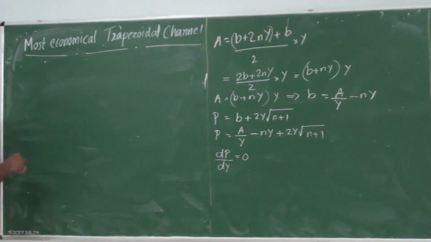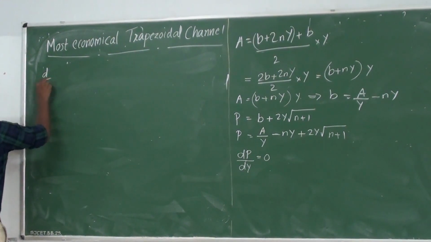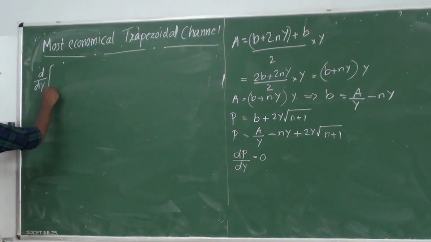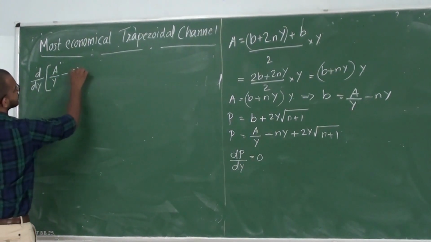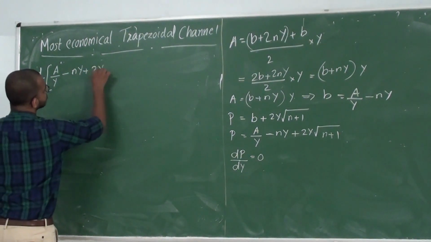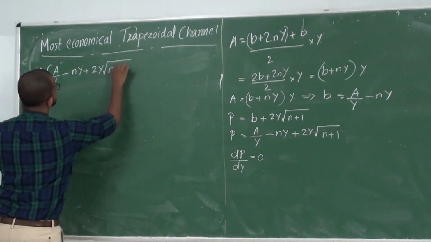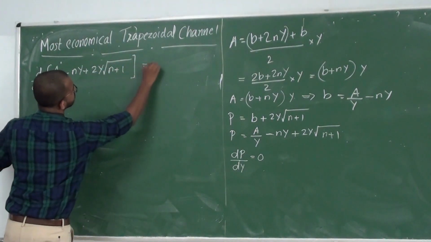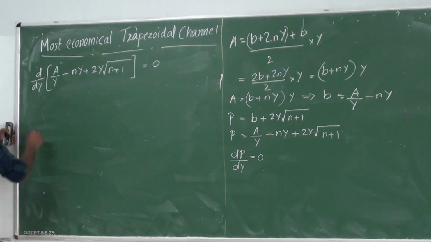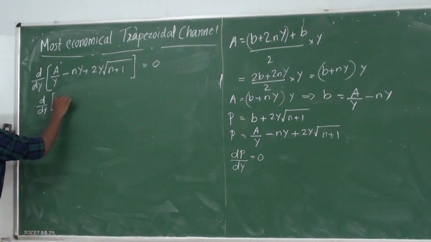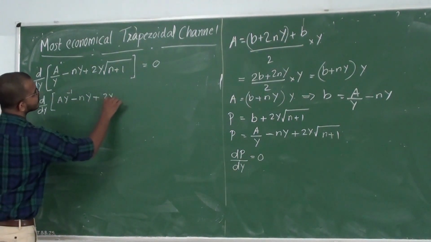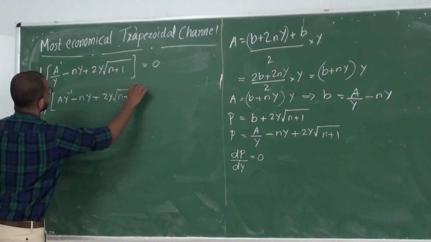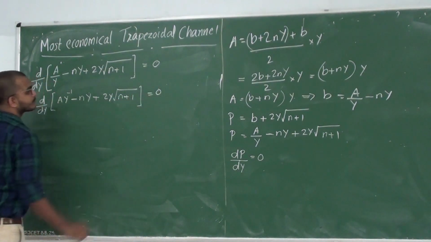That means d by dY of the perimeter, A by Y minus NY plus 2Y into square root of N square plus 1, is equal to 0. So d by dY of, let us write this as A into Y raised to minus 1, minus NY plus 2Y into square root of N square plus 1, is equal to 0.